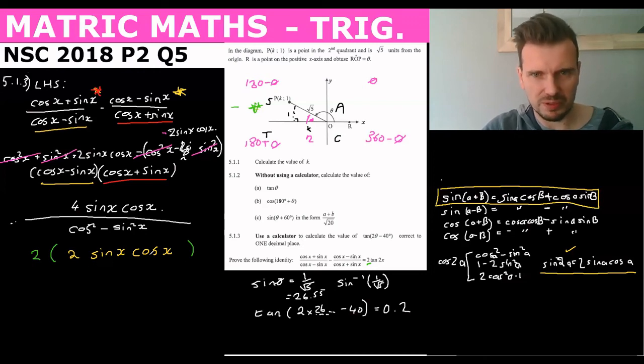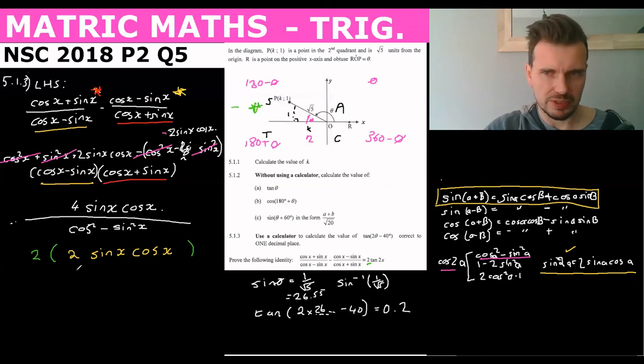So let's just look at the bottom. Cos squared x minus sine squared x, that's cos 2x. So we've got our full thing that we want. Now we just have to write it. So that was over, and then we found our cos 2x.